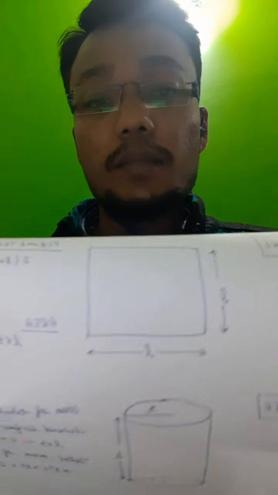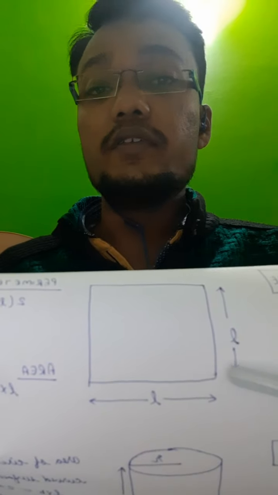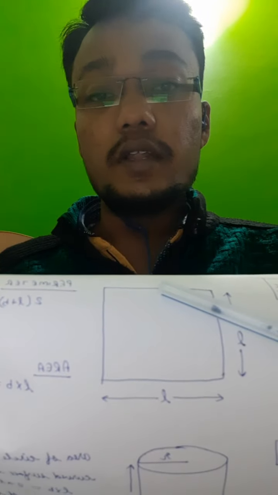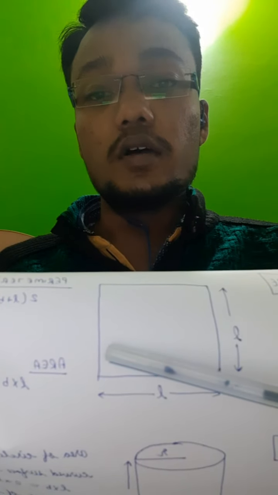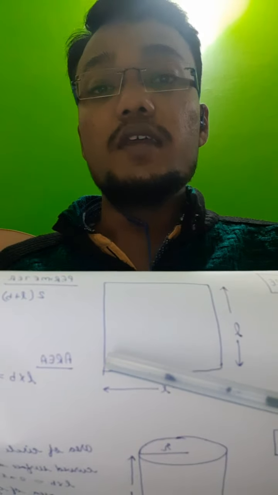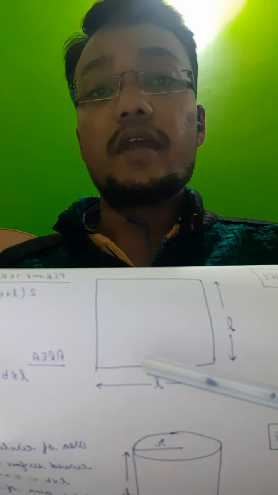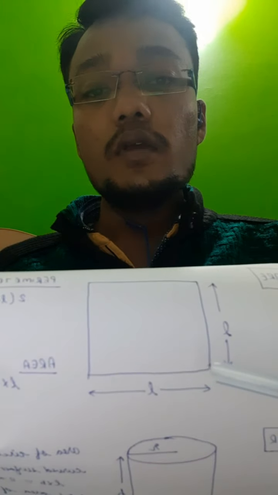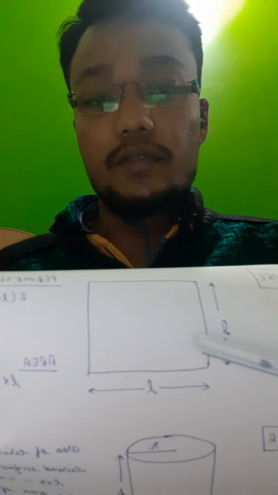In this example, this side is equal to L, the adjacent side is equal to L, the opposite side is equal to L, and this side is again equal to L. This makes the square a special case of a rectangle, where the opposite sides are equal and parallel, and its adjacent sides are also 90 degrees.